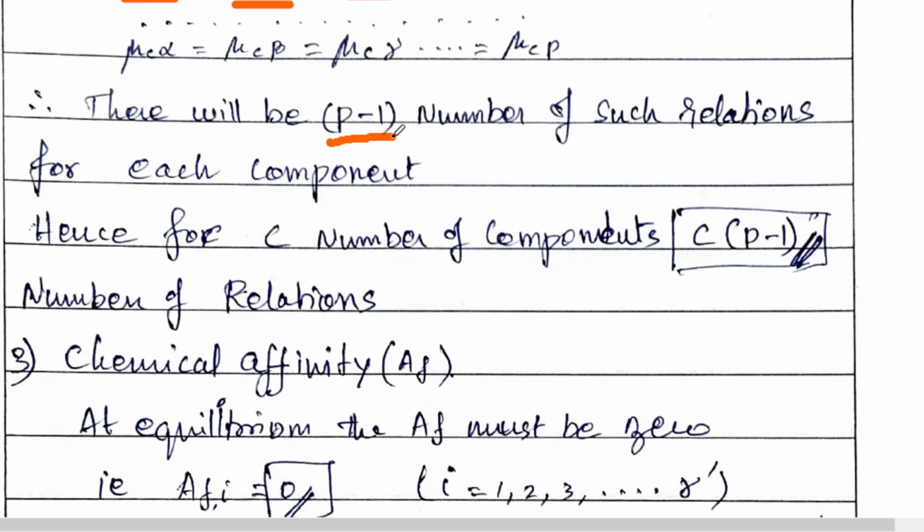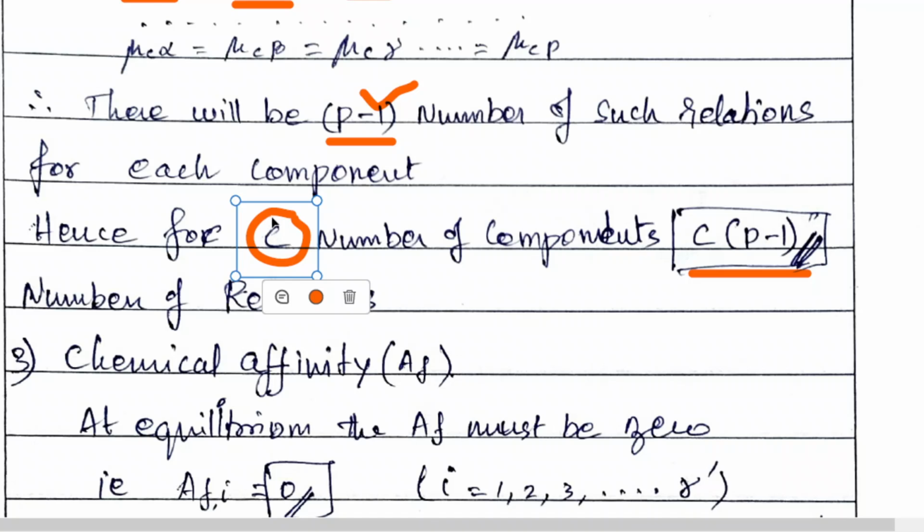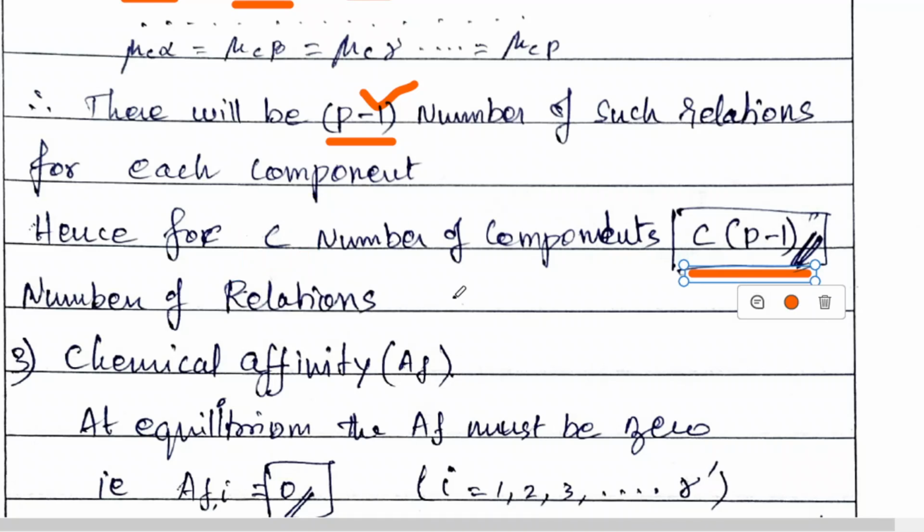Okay. There are C number of components. For one component, it is P minus 1. But there are C number of components, and therefore the total relations will be C multiplied by P minus 1. These are the restrictions. The third restriction is imposed by chemical affinity.